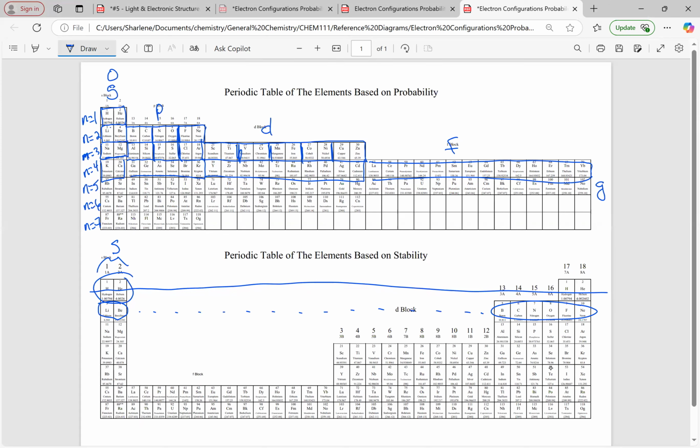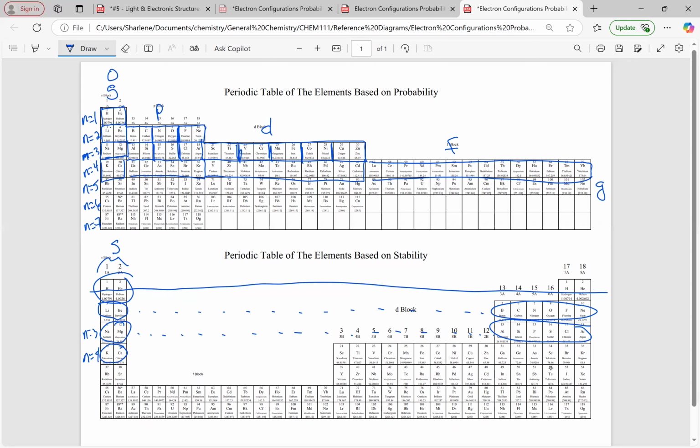When we get to n equals 3, you are going to fill the S's, and it's telling me jump to the 3P's, and then I get to n equals 4, and it tells me, wait a second, I didn't fill the 3D's. In probability, they're there, but actually the 4S's are lower in energy from that diagram that I'll go back and show you in just a few minutes. So trust the periodic table.